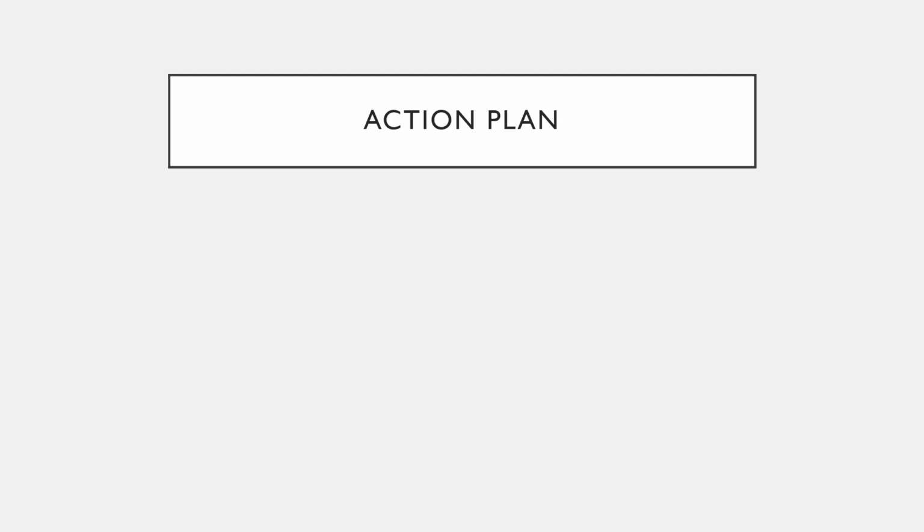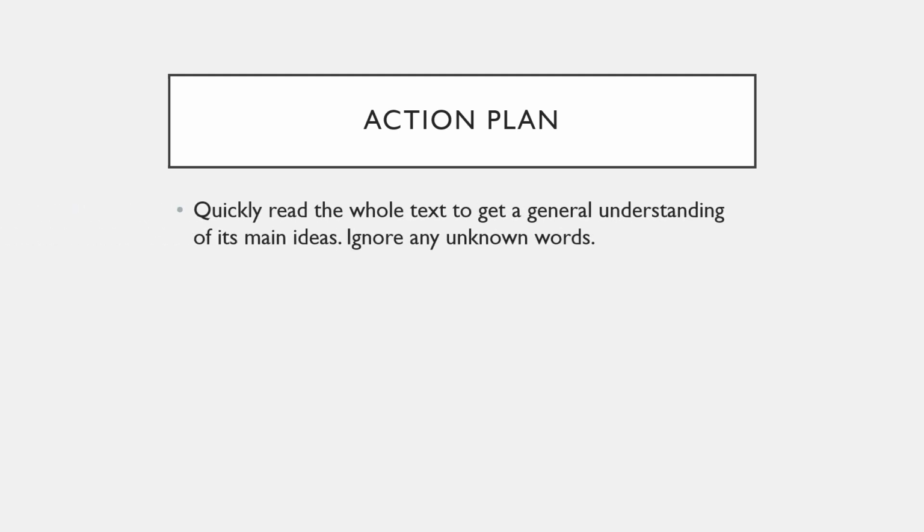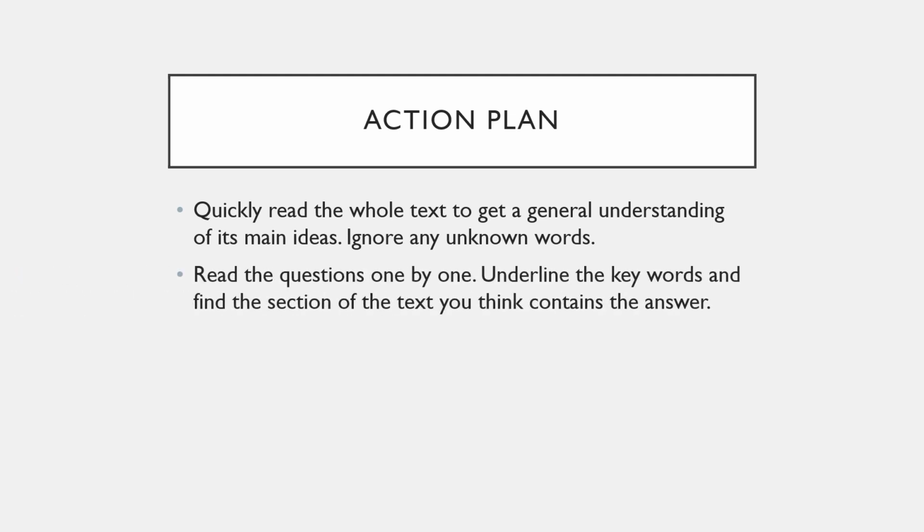So let's consider exam strategy. First of all, you'll need to read the whole text quickly to get a general understanding of it. At this stage, don't worry about any words you don't understand. Then, you should look at the questions. It's really helpful to underline key words because it'll make your task clearer.